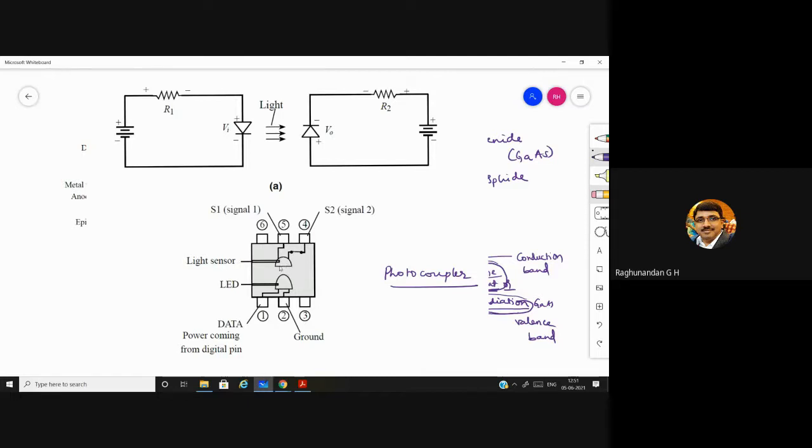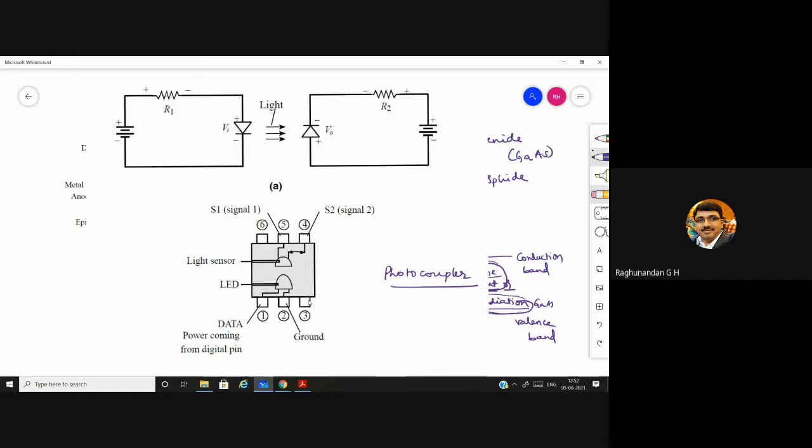Whenever you have an electrical signal, during that time, see, this is a switch. This switch is going to close. Whenever it detects an electrical signal, this switch is going to close, and that signal is going to be given to pin number 5 as well as pin number 4. At other times, whenever there is no signal, the switch will be open. So this is how the photocoupler is going to work.